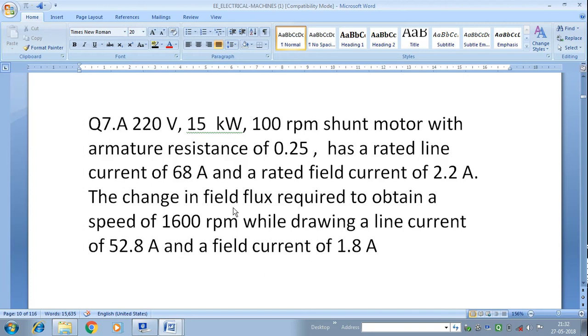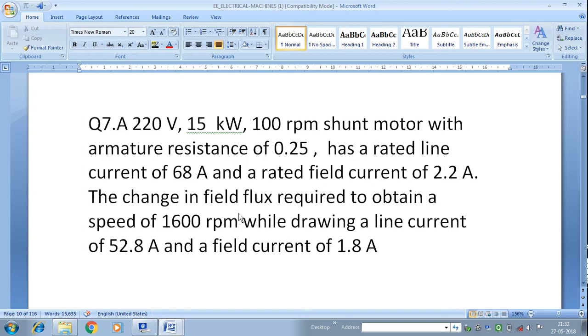The change in field flux required to obtain a speed of 1600 rpm while drawing a line current of 52.8 ampere and field current of 1.8 ampere. So it means we have to find out what is the change in flux required.